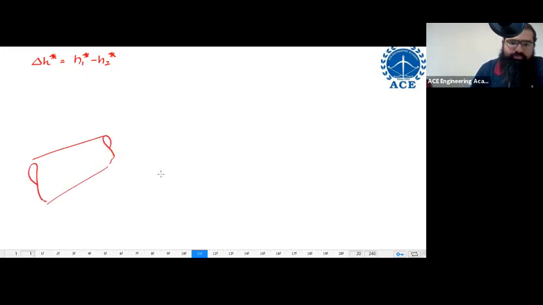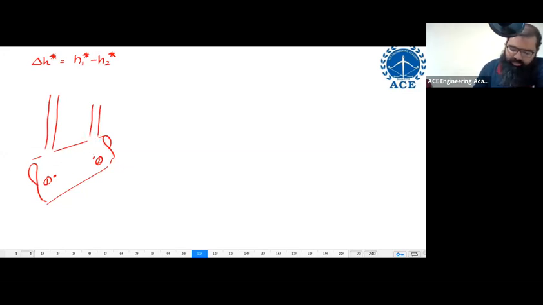In this passage, this is some point 1, this is some point 2. I want the piezometric head difference. If I ask you, you might suggest, okay, sir, install piezometers over here.